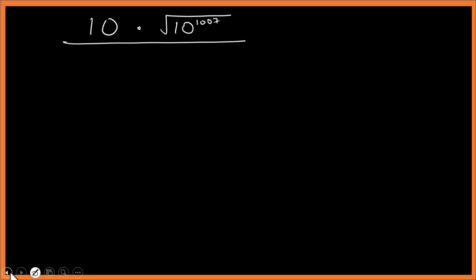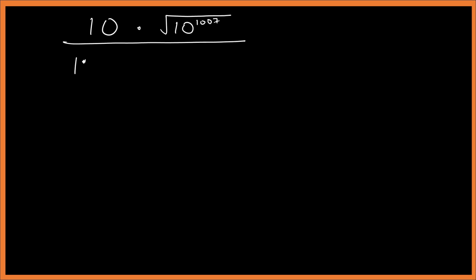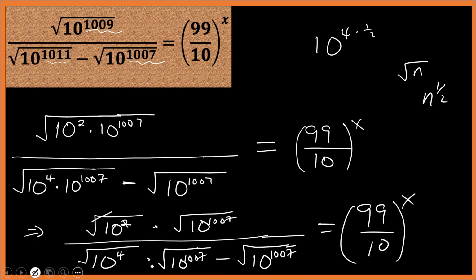And this side is behaving like 10 raised to the power 4. Now when we're given square root of n, it's the same as n to the power half. So this side will be 10 raised to 4 on 2, so 10 to the power 4 times half.